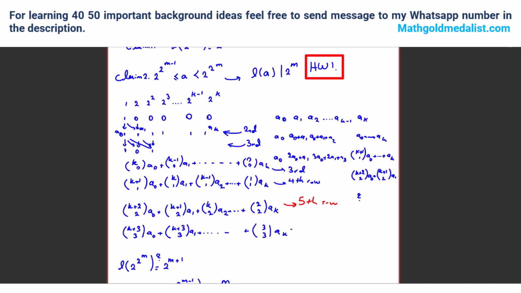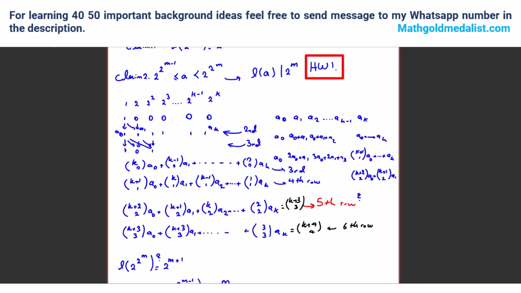So, do you agree this one is what? That's k plus 4 choose 4. Yes. It is for which row? 6th row. So kth row will be 2k minus 2 choose k minus 2. Let's write also this one. For this one, it is k plus 3 choose 3, right?